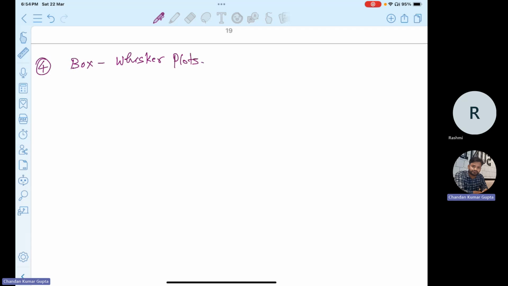Box and whisker plots. This plot is used mainly for the data distribution. It is mainly based on the 5-point statistic summary.